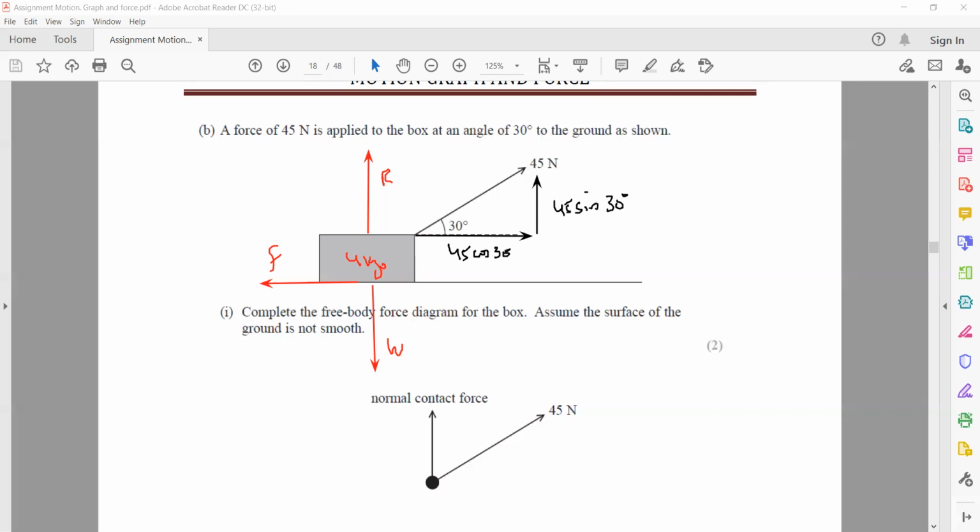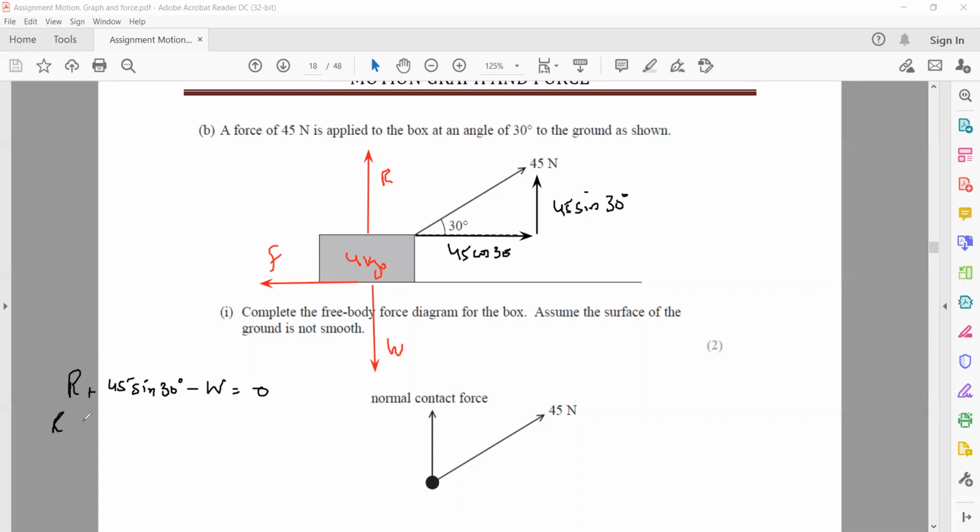The normal contact force is acting upward, 45 sin 30 is acting upward, and weight is acting downward. In the vertical plane, there is no acceleration. So we can write the equation: R plus 45 sin 30 minus the weight is equal to 0.